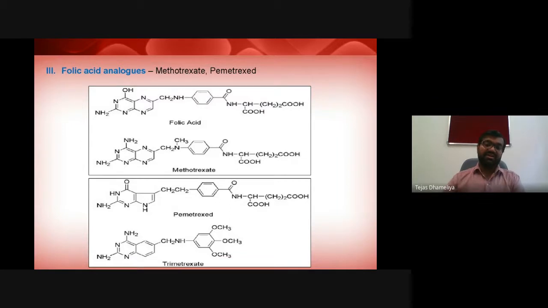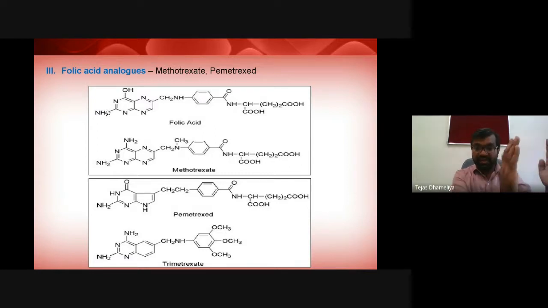Folic acid analogs, this is one more kind of analog, basically folic acid analogs, methotrexate and pemetrexed, they are drugs. So I shall show you the structure of folic acid. So this is the folic acid structure. We can divide the structure of folic acid into three equal parts. So what are these parts?